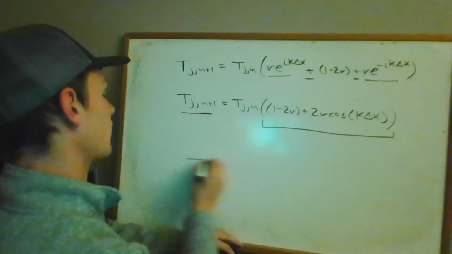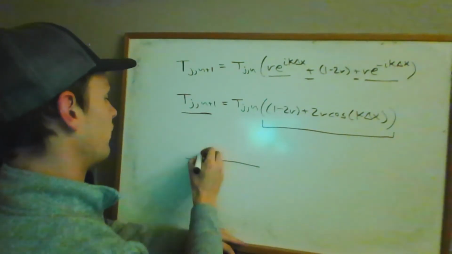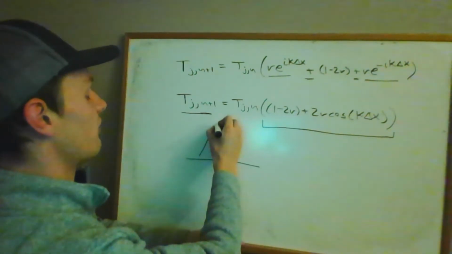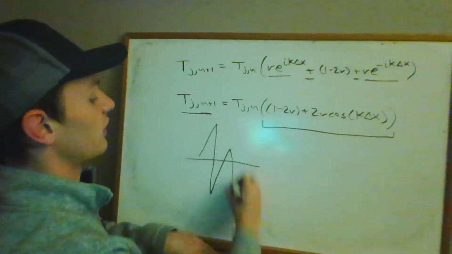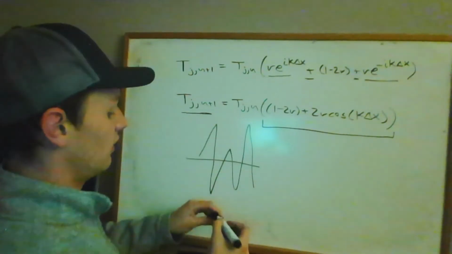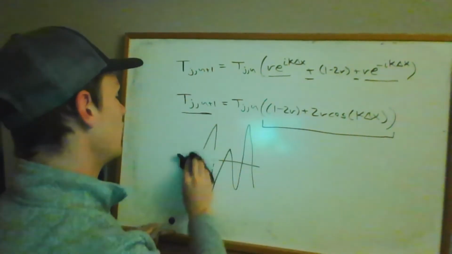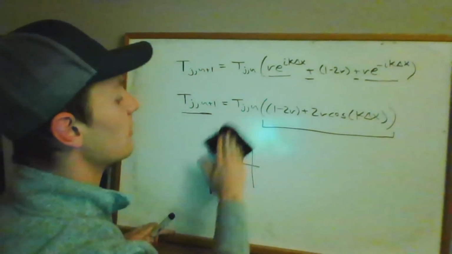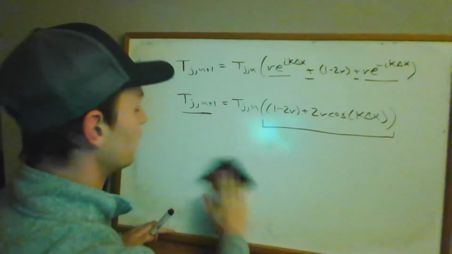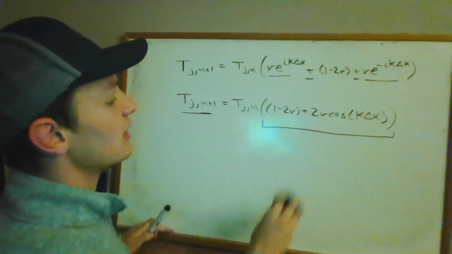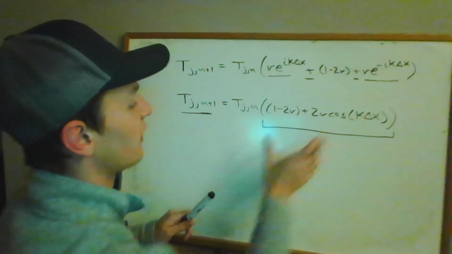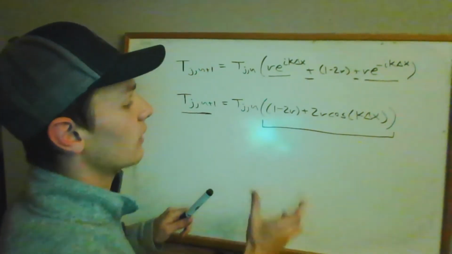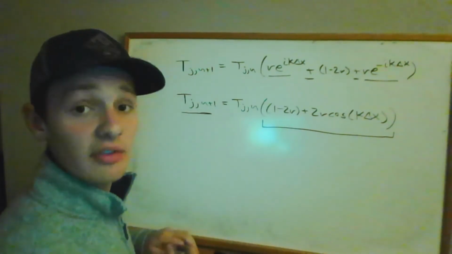As we saw with our graph, that was very unstable, right? We had values shoot up very high and then very low at a certain frequency, okay? So that was the craziness that we saw in Python when we made our time step greater than 0.5 seconds. So again, that's the key to the von Neumann stability analysis, that the absolute value of this term needs to be less than 1.